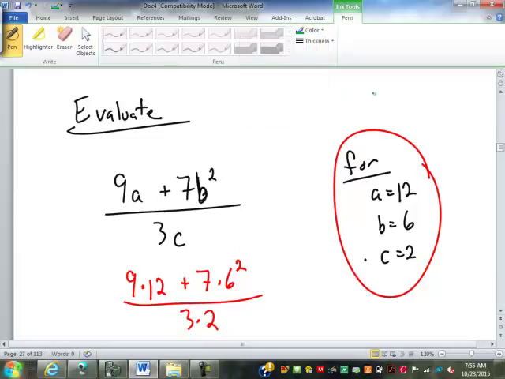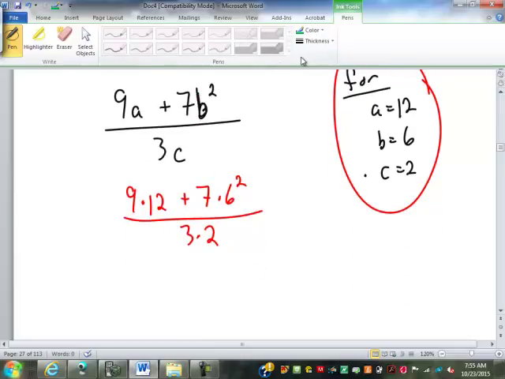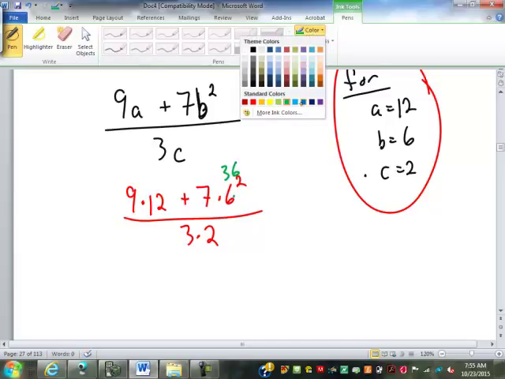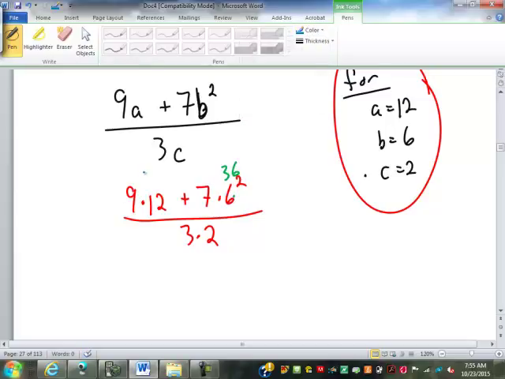And now it's an order of operations problem, just like the one we did. First thing we have to do, of course, is the 6 squared, which is 36. Then 9 times 12, 108. 7 times 36, 252. 108 plus 252 is 360.